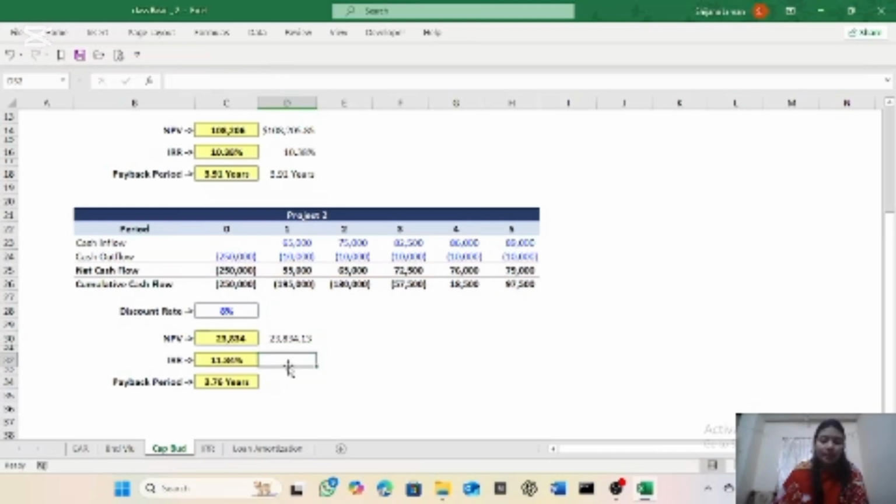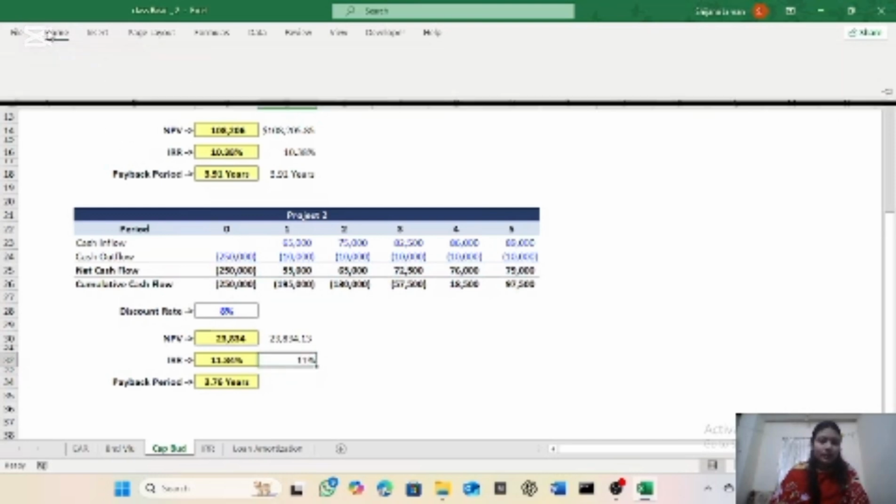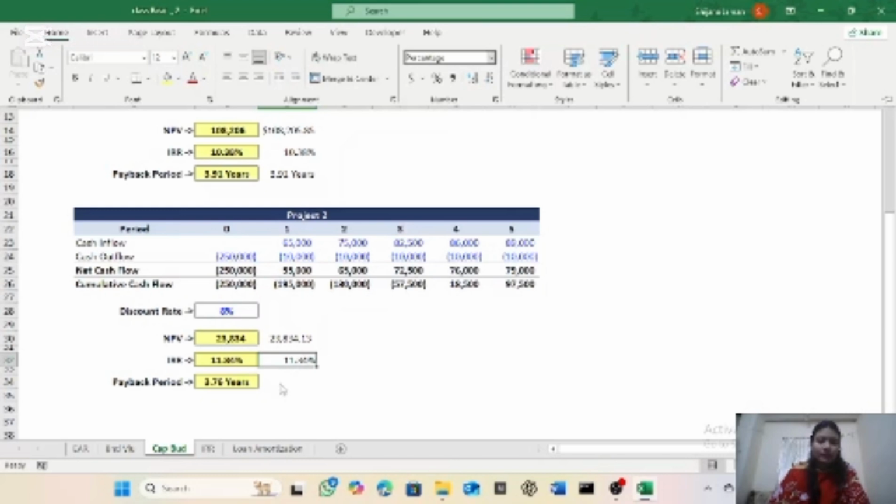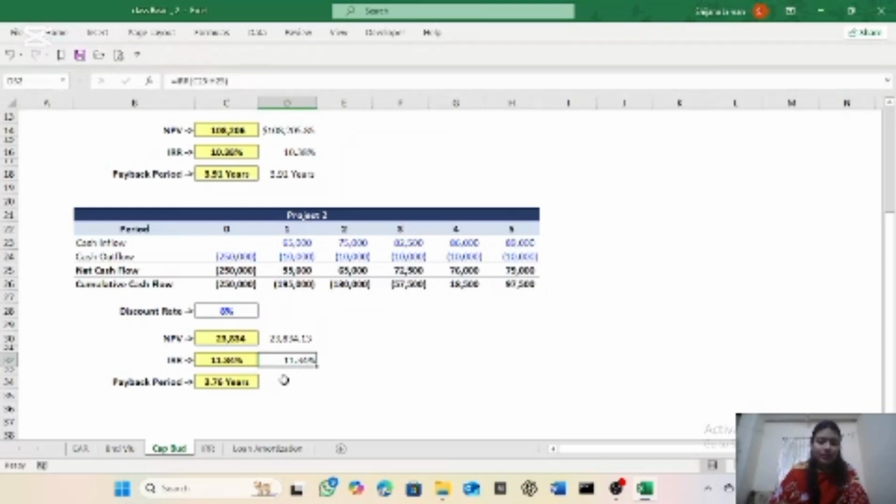Our IRR, the formula is equal IRR, the entire net cash flow, bracket close, enter. And now we convert it into percentage, 11.34%.